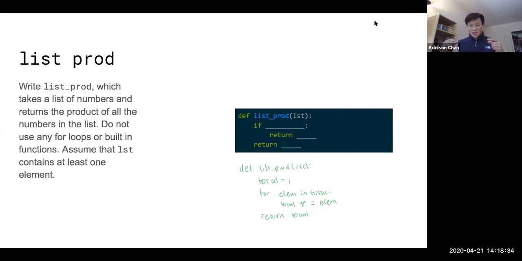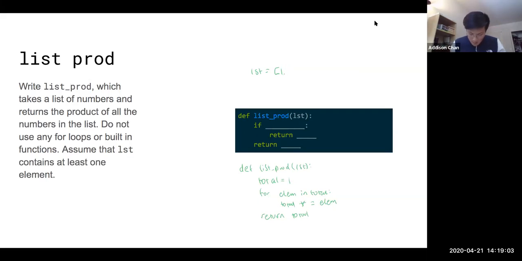So we realized that we can actually condense this to a recursive solution. The way that it works is we start with a total that is just one element, and we realize the simplest case of the input to this function is if the list only contains one element. So in the case where the list is 1, for example, then 1 would be the total product.